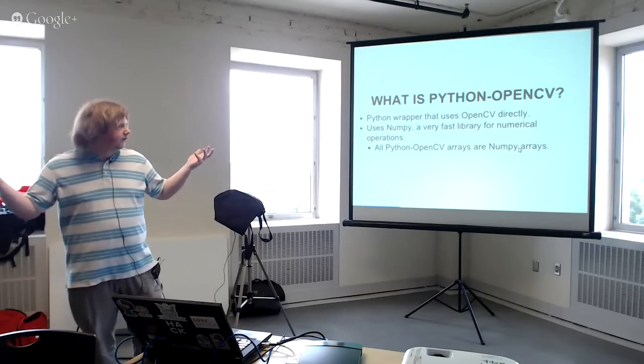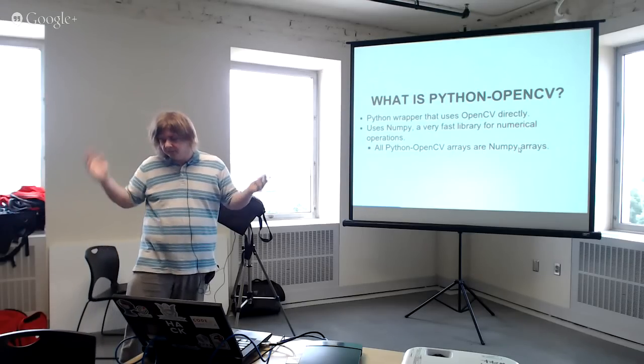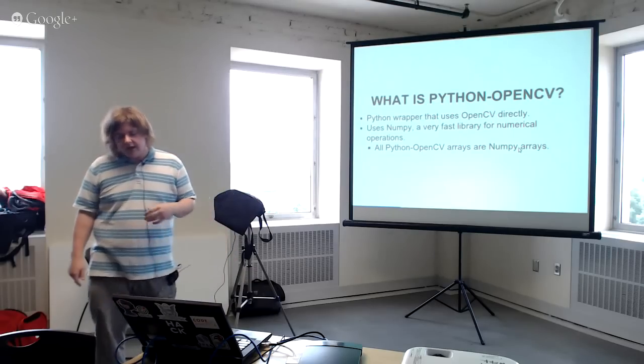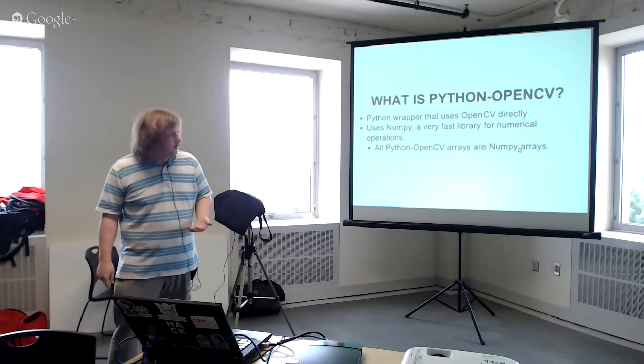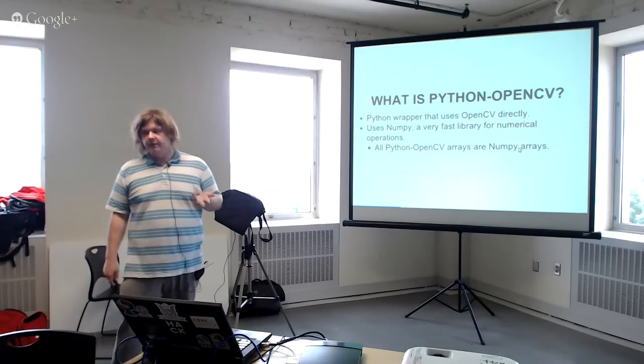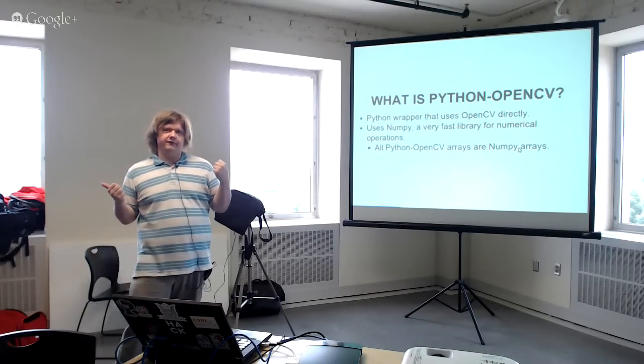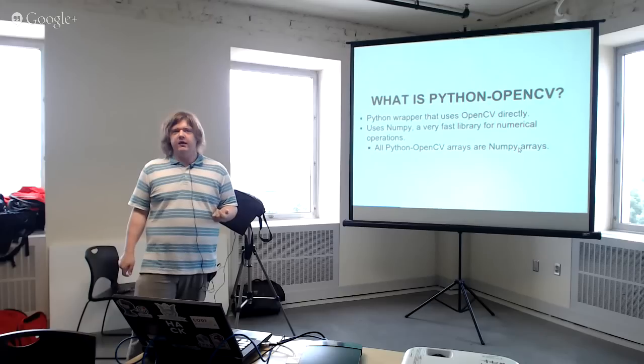So what exactly is Python OpenCV? Basically, it's a wrapper for OpenCV. And the cool thing about it is under the hood, it uses NumPy, which is a very, very fast library for doing computation.